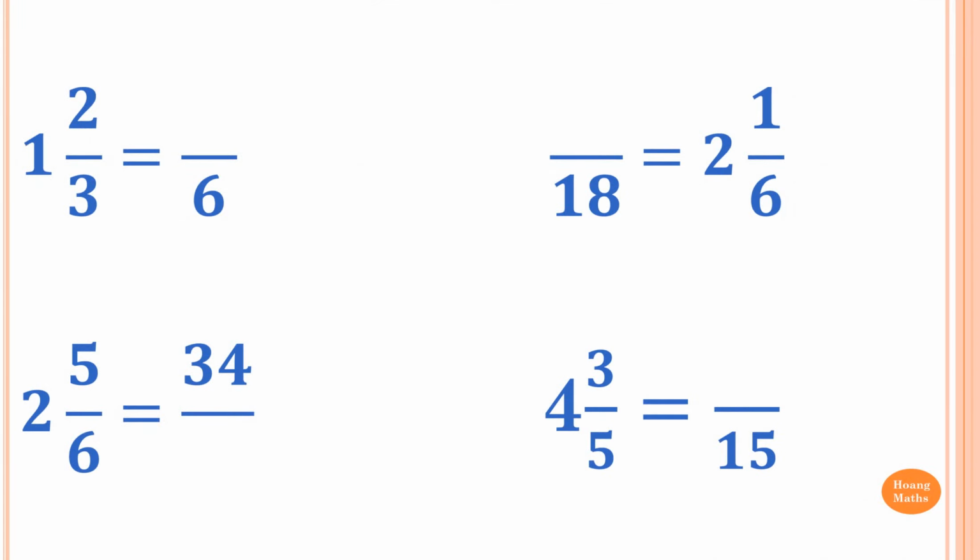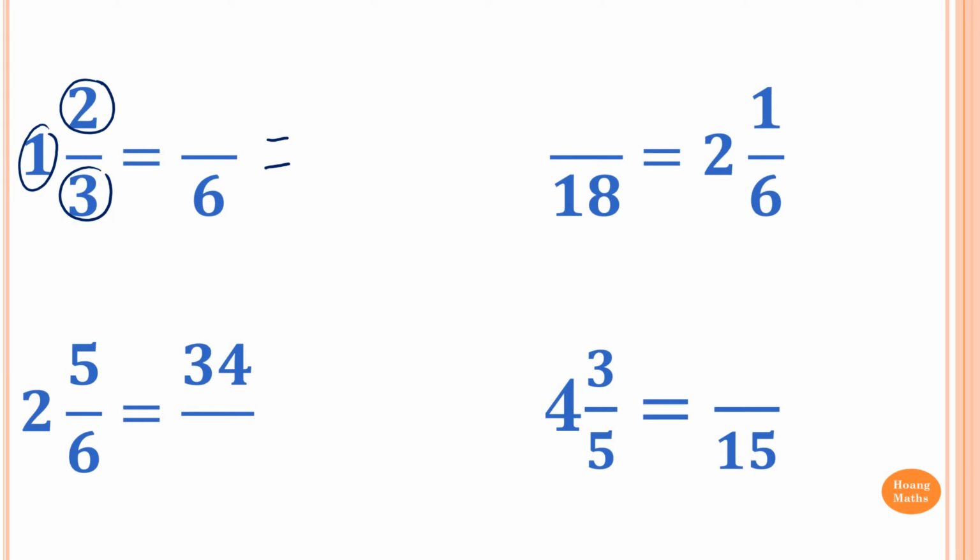Please stop the video and try this one yourself. 1 and 2/3 is equal to something over 6. So first of all, we need to convert 1 and 2/3 into an improper fraction first. So I just write it here, which is equal to 3 times 1 is 3.